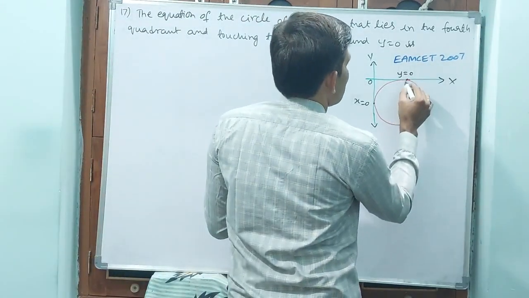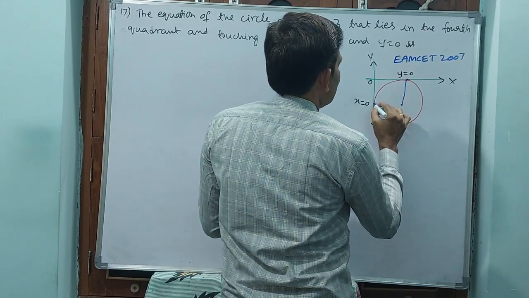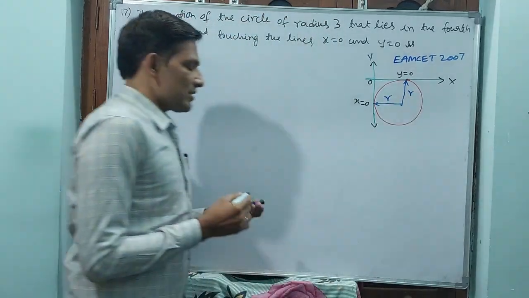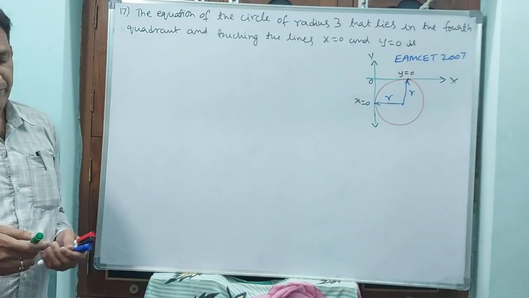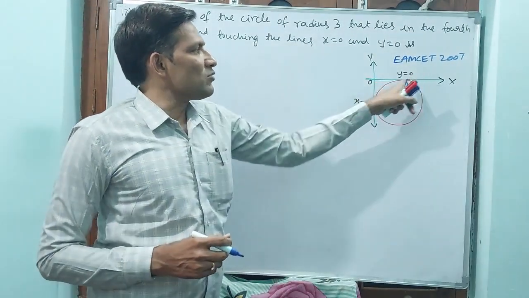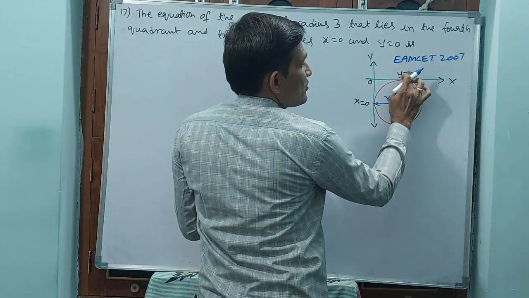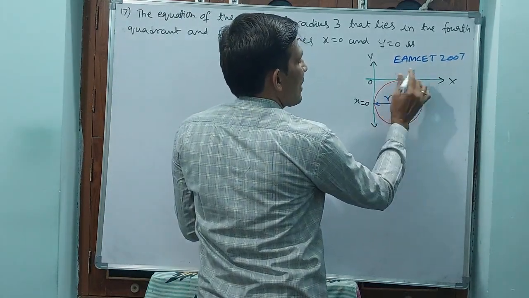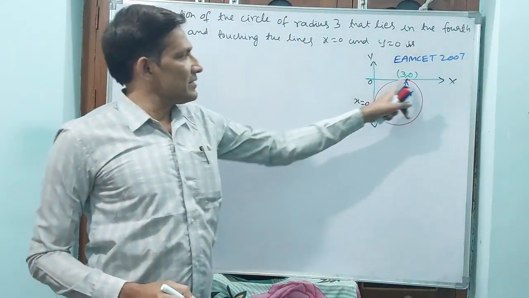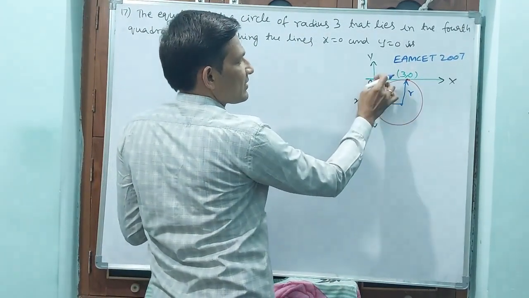Radius is 3 means that if it touches anything, automatically the distance from the center to there is the radius. Naturally, this will be the radius, and this will be the radius. Do you agree or not? If you agree, then on the x coordinate it is positive, that means this will be plus 3. Y is 0, so this point is 3, 0, because of the radius from 0 to 3.